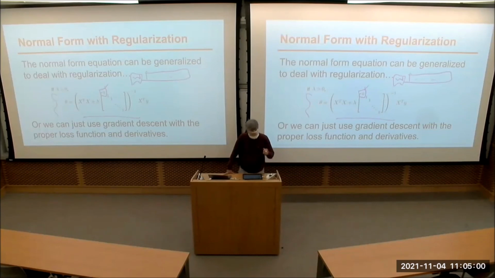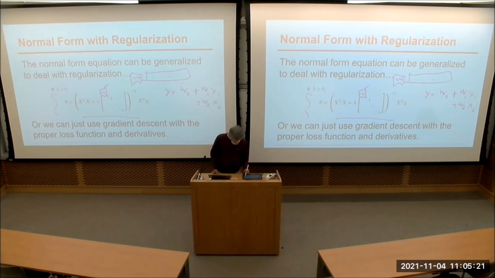If you think about what the coefficients are in setting a line, remember that you have a line of the form y equals omega 0 plus omega 1 times x1 plus omega 2 times x2. Notice that most of the parameters are coefficients of a variable.